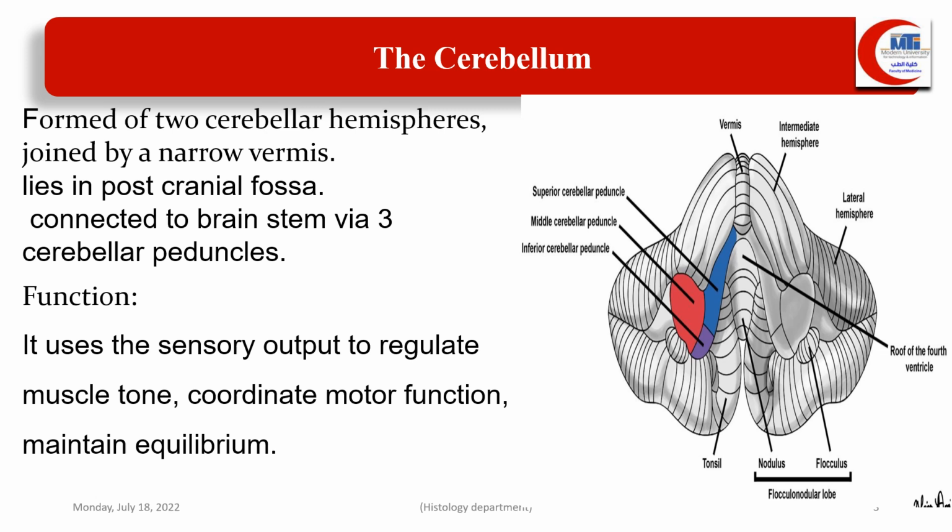The cerebellum. At first, you must know that the cerebellum is formed of two cerebellar hemispheres, joined by what? Joined by narrow vermis. It lies in the posterior cranial fossa, connected to the brain stem through 3 peduncles.